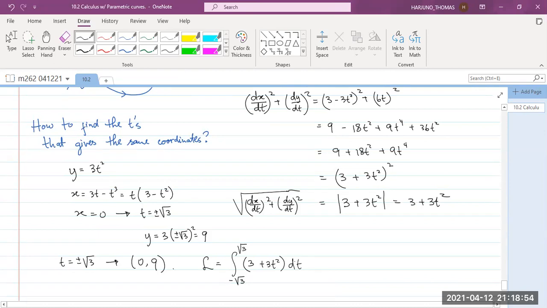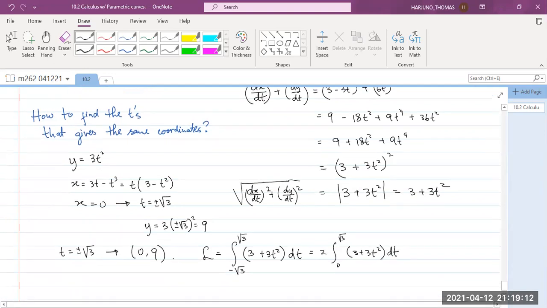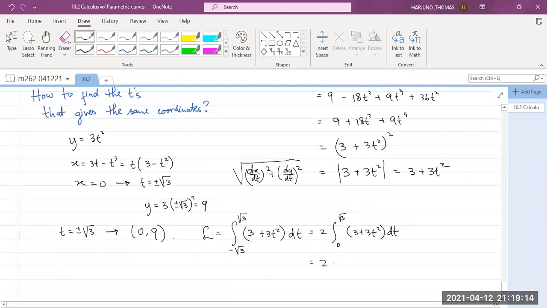Then from there, you just integrate it. That's an even function, so let me fold it: 2 times the integral from 0 to radical 3, and so on and so forth. That's 12 radical 3.